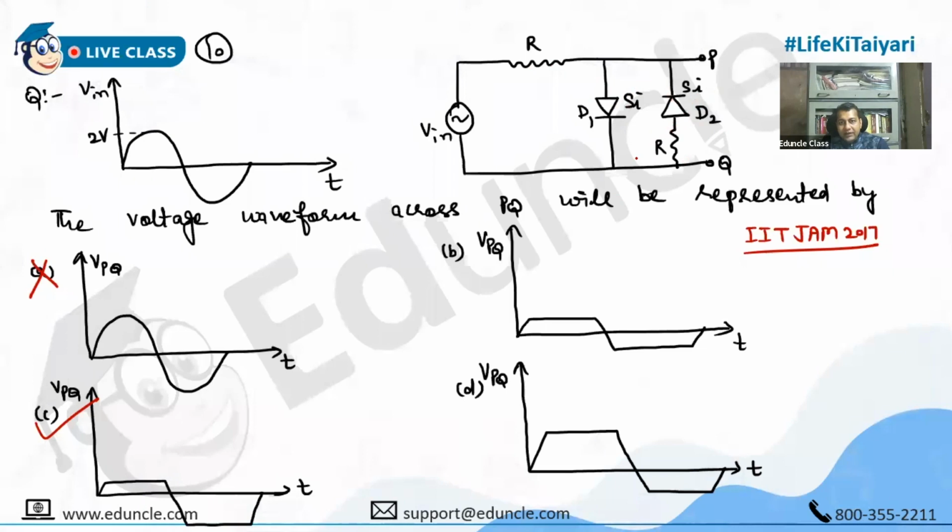Now during the negative half, this diode will get on and some voltage drop across R will also be there. So the total output voltage will be the sum of the voltage across the diode and R. And obviously it will be more than minus 0.7, because minus 0.7 is across the diode only, and this R will also keep some voltage. So during the positive half the voltage will be less and during the negative half the voltage will be more. So that's why it is option C.